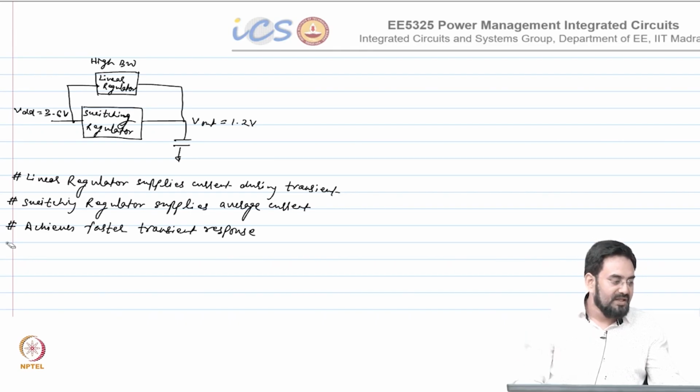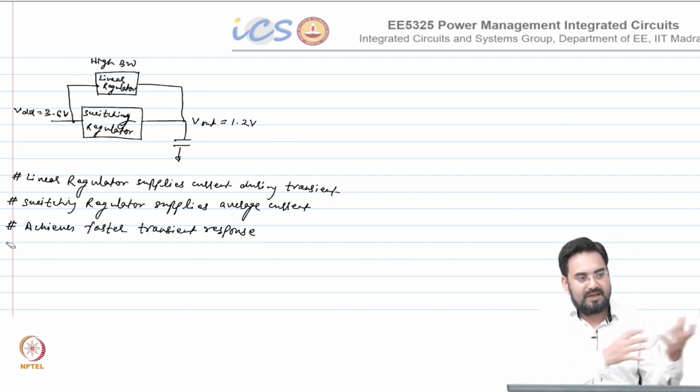On top of that you will have some activities going on which are like transient activities. I mean, they will come for a very short duration and then go away. Okay. So, what would happen during that time, this linear regulator will kick in and supply that current and then back off.